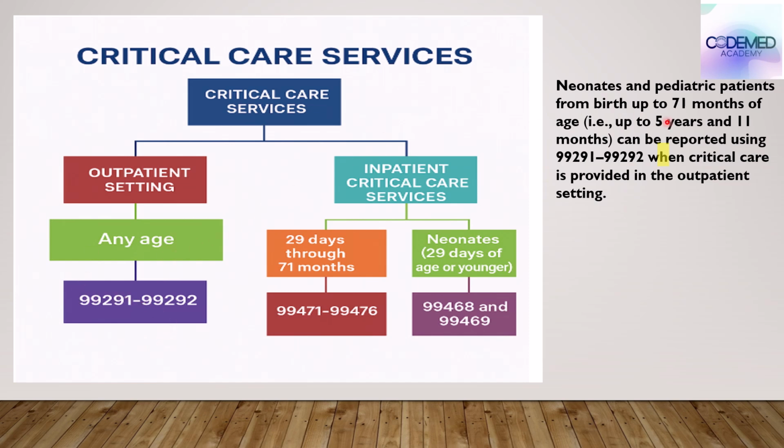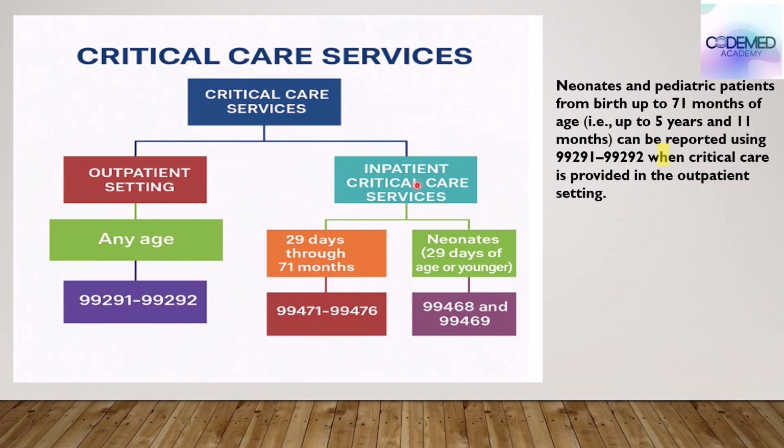Remember that neonates and pediatric patients from birth up to 71 months of age, that is up to 5 years and 11 months, can be reported using 99291 and 99292 when critical care is provided in the outpatient setting. So these codes can be used for everybody if the critical care is given in the outpatient setting.